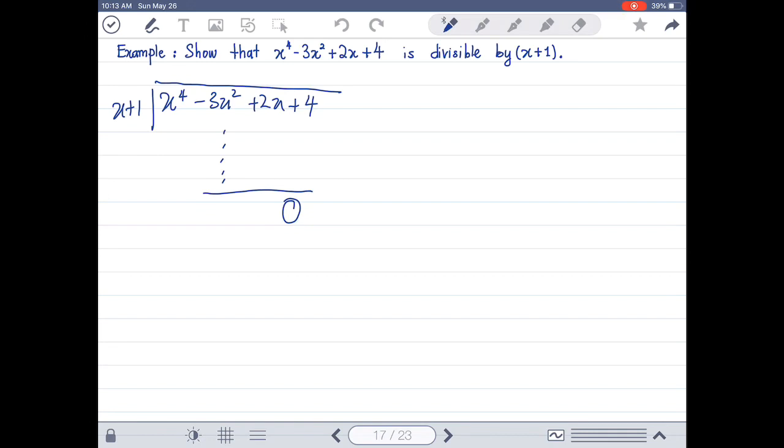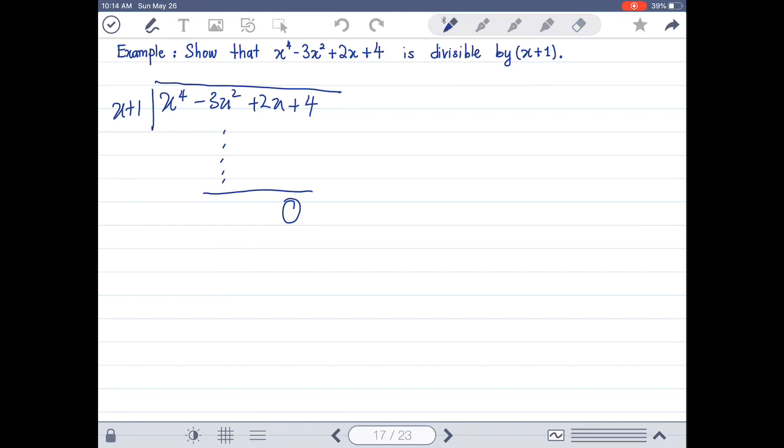But this will take some time to do. You can do it this way, the long division, but there's a simpler method, which is by doing the factor theorem.